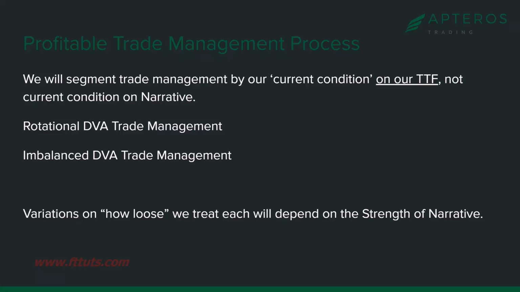So how do we manage winners? We're going to segment based on whether DVA is rotational or DVA is imbalanced. Now, there's going to be variations on how we apply these trade management schemes depending on the strength of the narrative. Really strong narrative will give the trade more breathing room. Not as good of narrative, maybe a bit of a shorter leash on that trade.